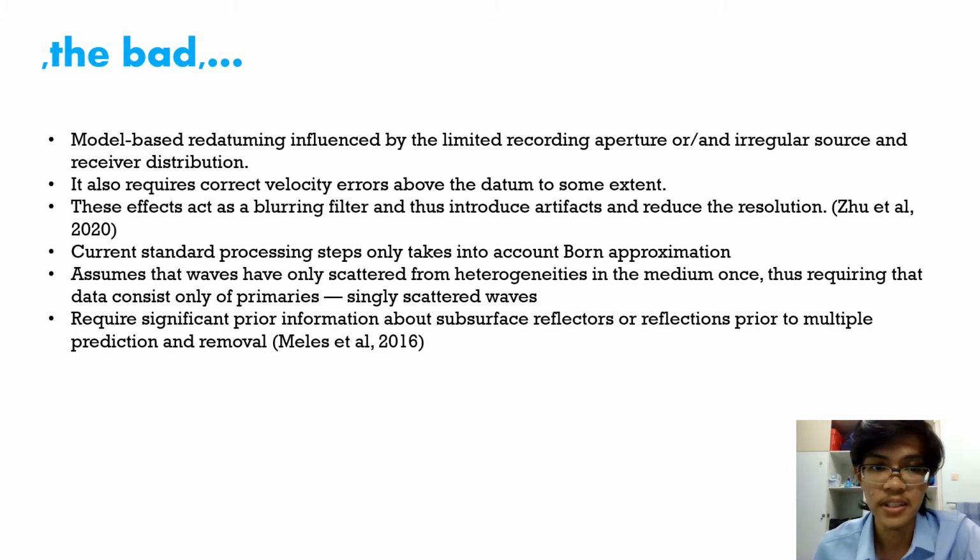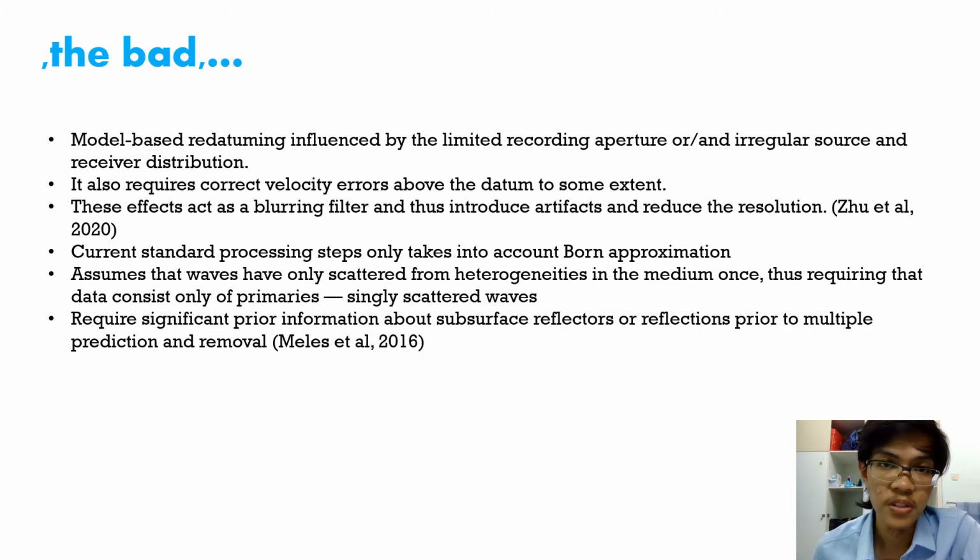What this means is that this acts as a blurring filter and thus introduces artifacts and reduces the resolution of our seismic redatum image. The standard velocity model-based redatuming only takes into account the Born approximation.